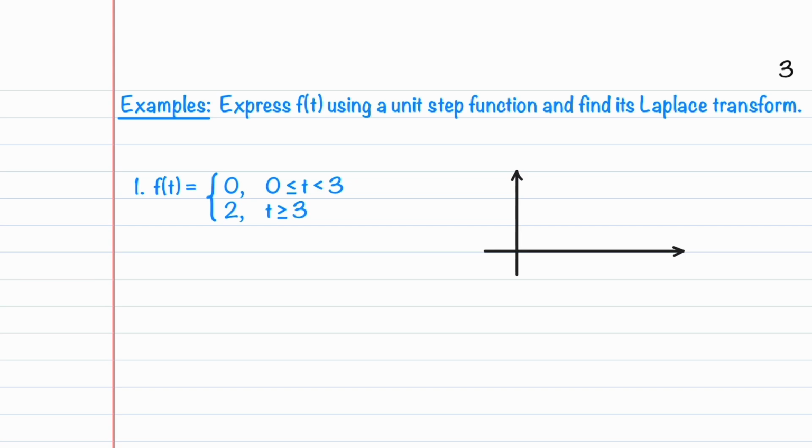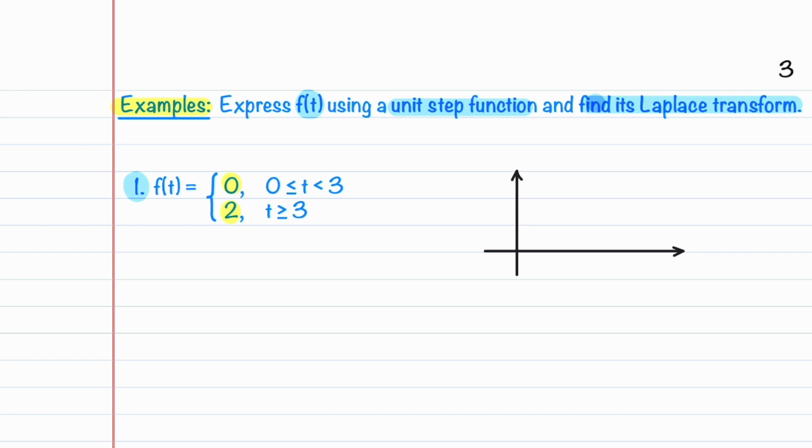We're going to work through two examples step by step where we write a function using a unit step function, and then we'll find its Laplace transform. In our first example, f of t is equal to 0 when t is greater than or equal to 0 but less than 3, and then it's equal to 2 when t is greater than or equal to 3.